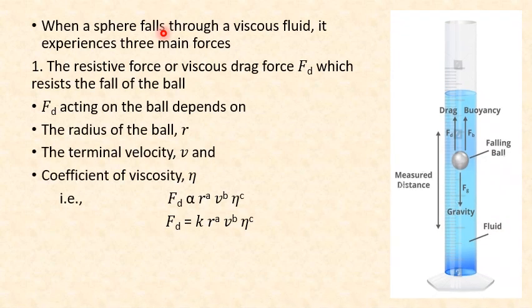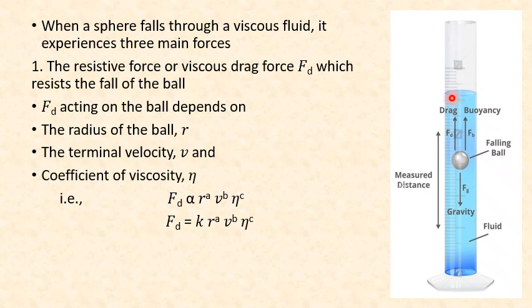When a sphere falls through a viscous fluid, it will experience three main forces. Consider the picture here. Now the steel ball is dropped from the top of the vertical column. At this point, the steel ball will only experience gravity. This gravity accelerates the steel ball and makes it fall downwards.